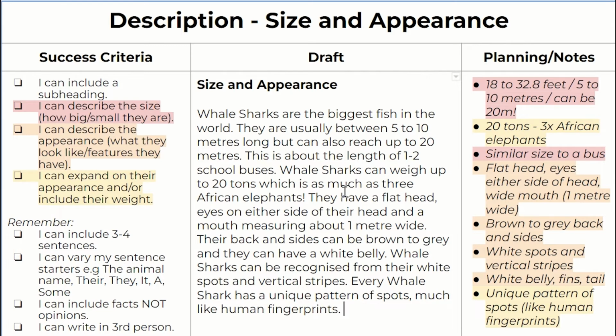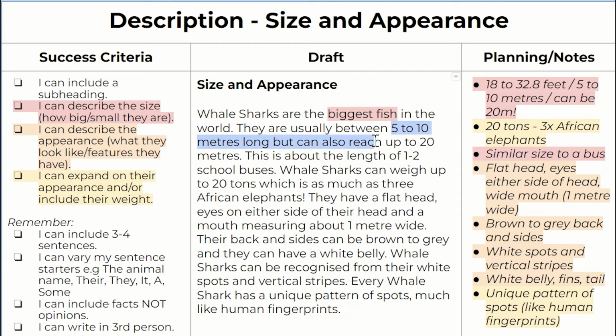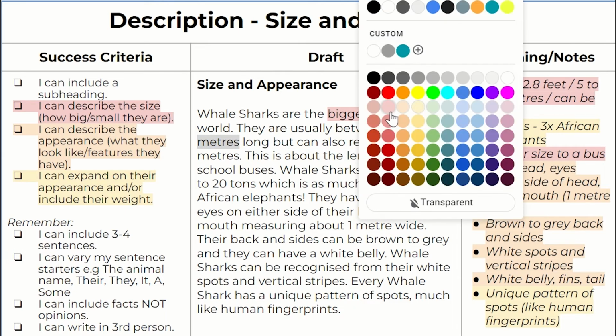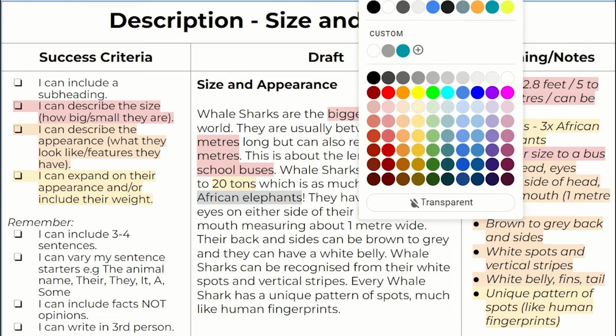Okay, now I'm going to just double check and make sure that I've got everything in my success criteria. Do I have a subheading? Yes, I do. Have I described the size? I said biggest fish. I said 5 to 10 meters. I've said they can reach up to 20 meters. I also expanded on that and talked about how it's about the length of 1 to 2 school buses. Talked about how they weigh up to 20 tons, as much as 3 African elephants.